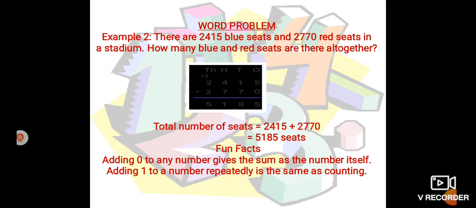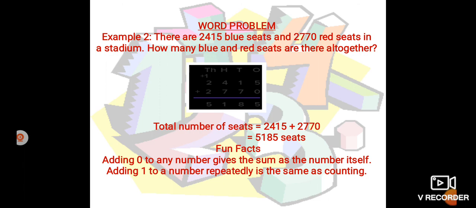One is in the tens place, one is in the ones place. So we will write 1 in the hundreds place, and the 1 will be forwarded to the thousands place. And in the thousands place, we will add 1 plus 2 plus 2, that is 5. So the total number of seats in the stadium is 5185.